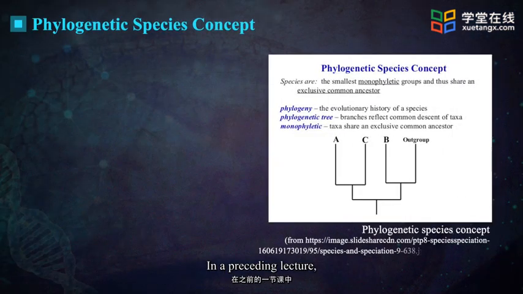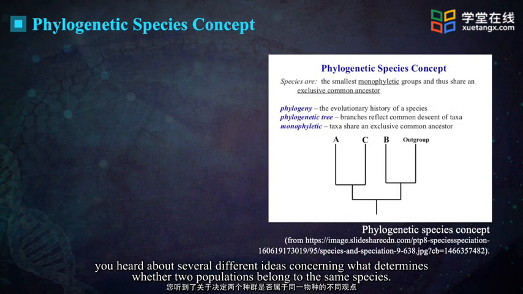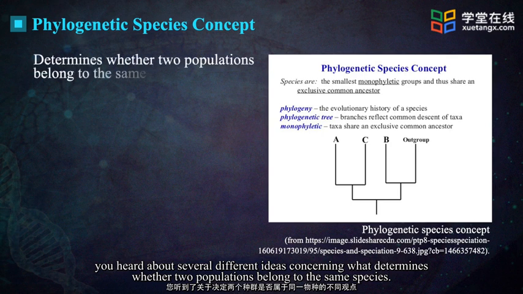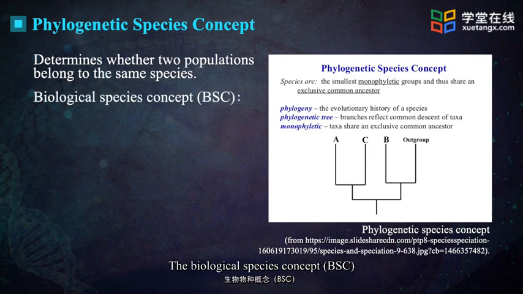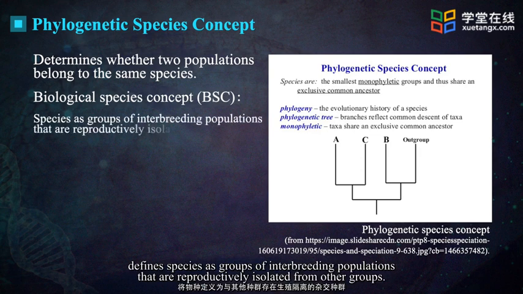In a preceding lecture, you heard about several different ideas concerning what determines whether two populations belong to the same species. The biological species concept, BSC, defines species as groups of interbreeding populations that are reproductively isolated from other groups.